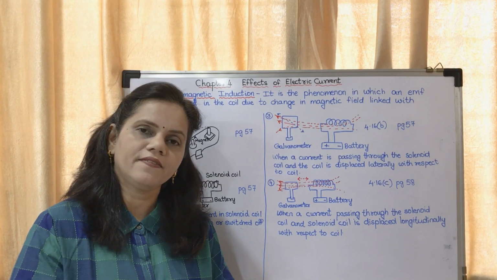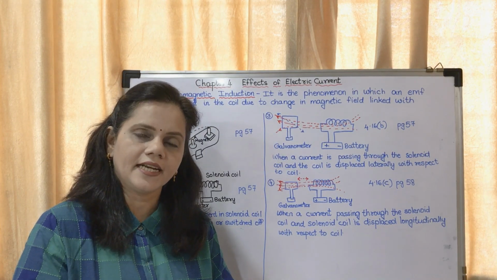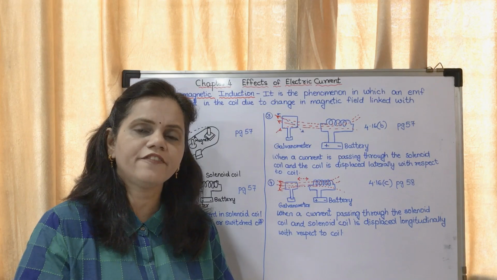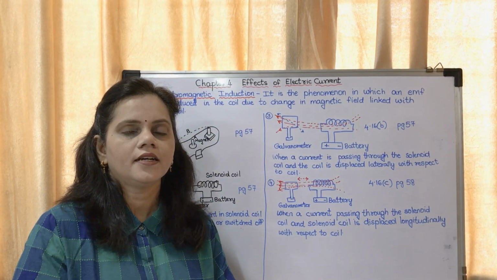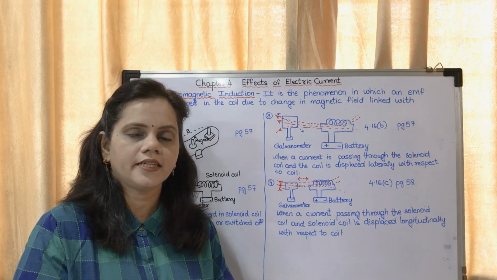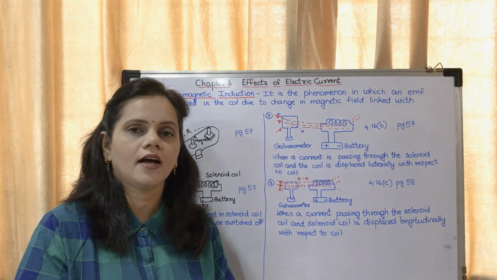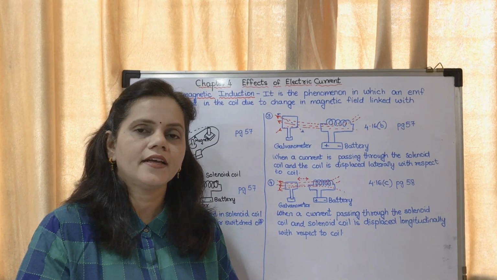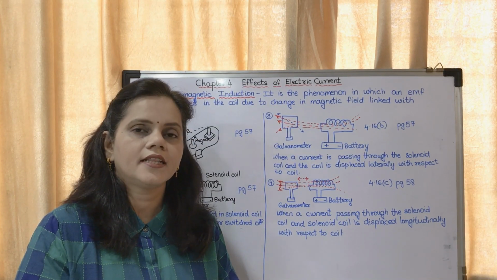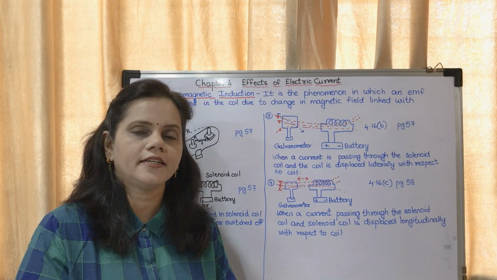Then what did Michael Faraday check? He studied that if you move the wire in a magnetic field, then the current should be generated in the wire. I repeat, if you move a wire in the magnetic field, the current should be generated in the wire.